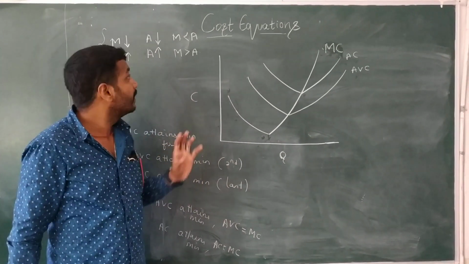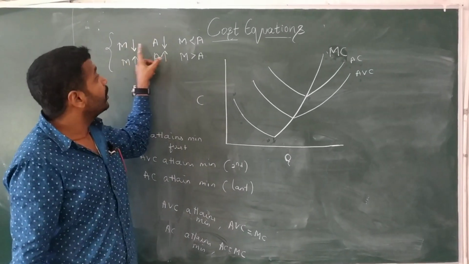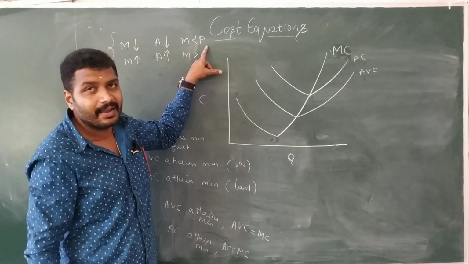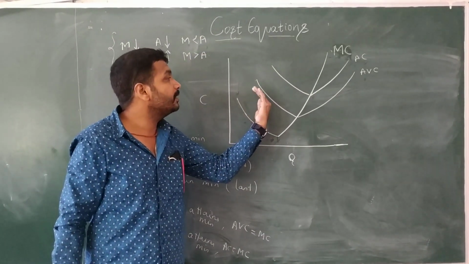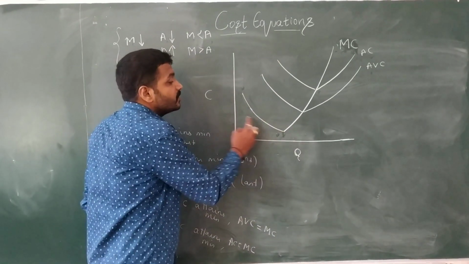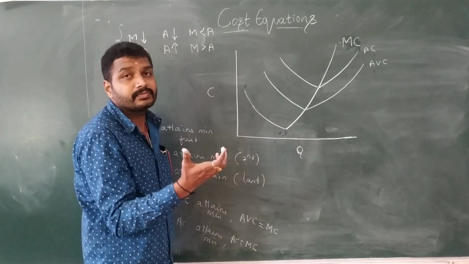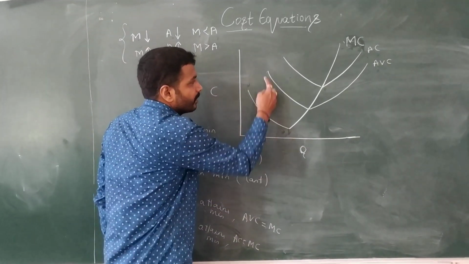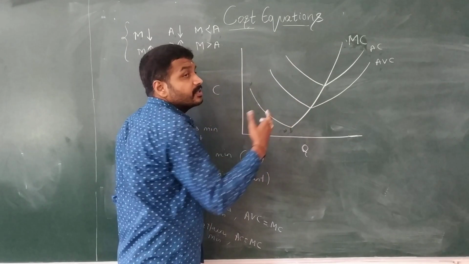But when M is falling, A is also falling, but M used to be lesser than A. That means if you look into the position of ABC, AC and MC, MC always used to be the lower one. Is it not? See here. So this used to be the nature.